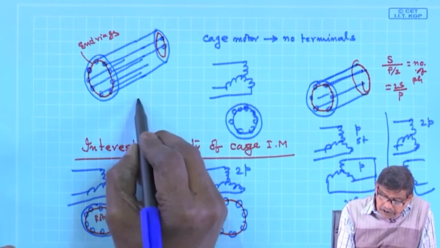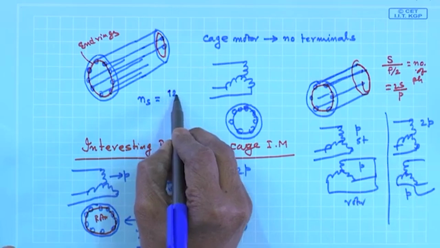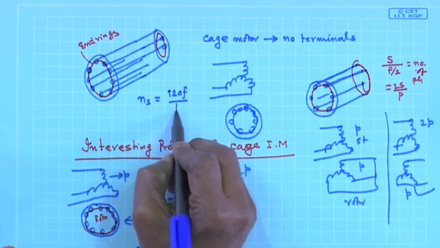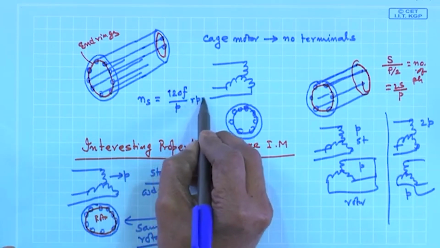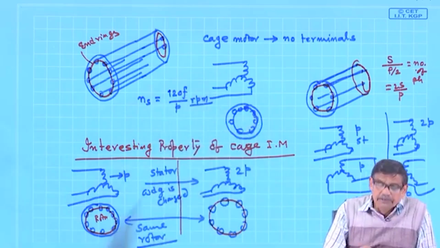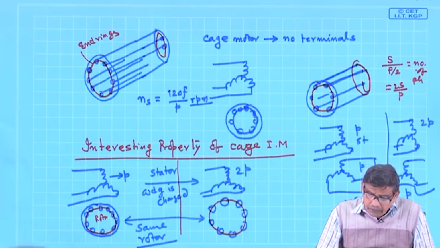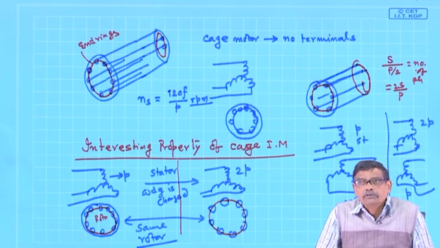Now, synchronous speed Ns is equal to 120 f by p, so much rpm. We know that. In earlier days, supply frequency is fixed, and the number of poles of the machine is fixed. Therefore, it looks like you cannot control synchronous speed.